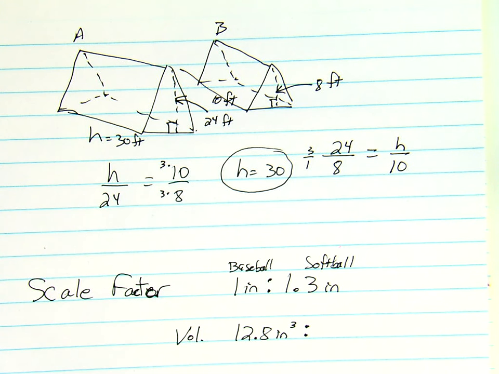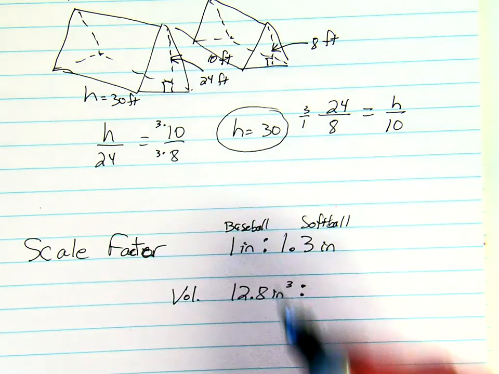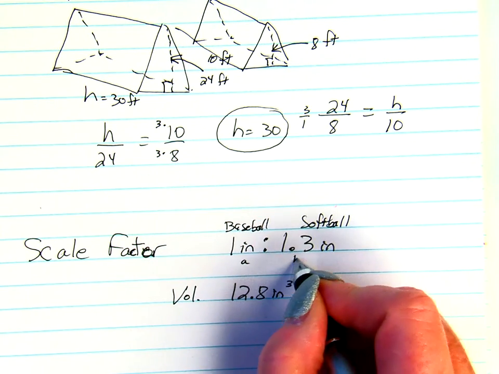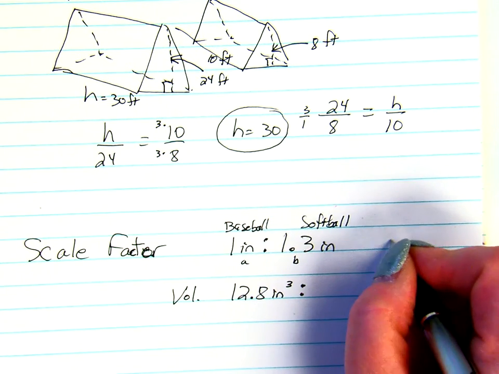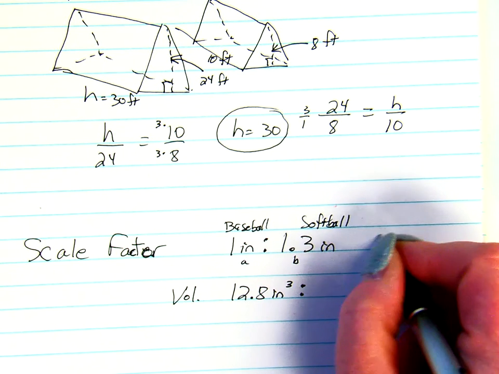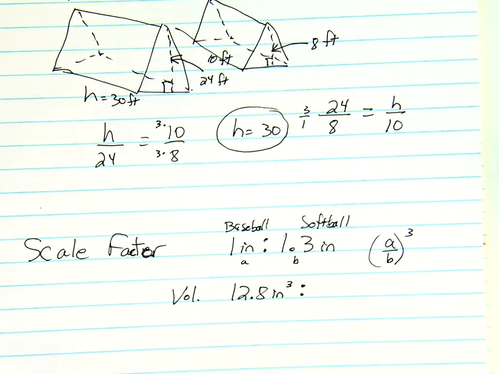So when I have a scale factor and I'm working with volumes, I just use my ratio. Let's call this A and this B. So we would have A to B, and I'm working with volumes, so I'm cubing it.